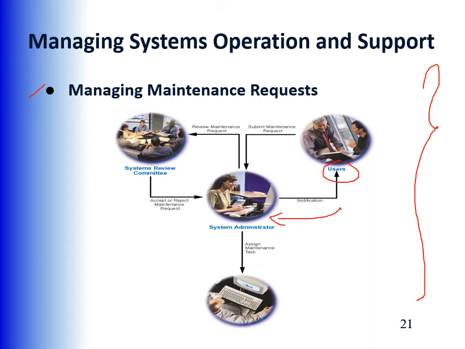IT staff members usually initiate requests for protective and preventive maintenance. To keep a complete maintenance log, all work must be covered by a specific request that users submit in writing or by email. All right, that's the typical process.